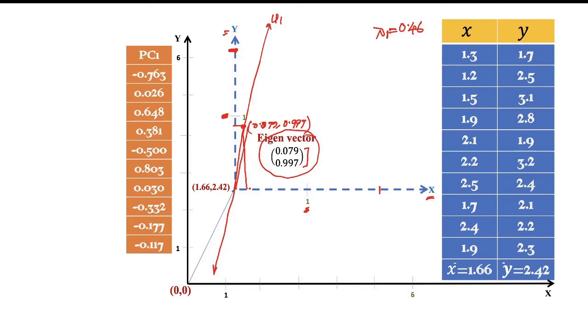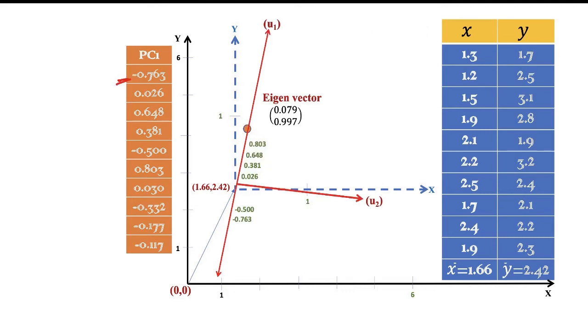Once we get the eigenvector u1, the next step is to place the PC components on the vector u1. To plot the PC values on the eigenvector, we need to find the points on the eigenvector.